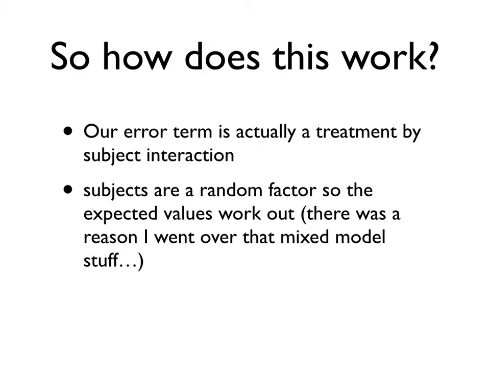We divide this by this. Remember the other day I told you all this stuff about expected values of mean squares with mixed effects models? And you wondered why I told you? That's why. Besides the fact that it's something you should know, it actually is useful to know that because it shows you why we can use this as an error term. We're going to divide mean squared treatment by mean squared for treatment by subjects.